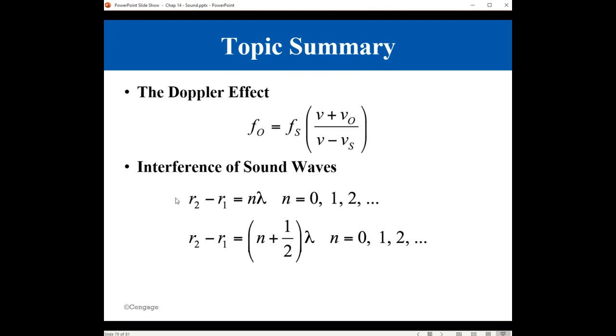Then the interference of sound waves can lead to extra loudness or less loudness, depending on the path difference between the two sources. We have constructive interference when the path difference is an integer multiple of lambda, and we have destructive interference when it is n plus 1/2 lambda.